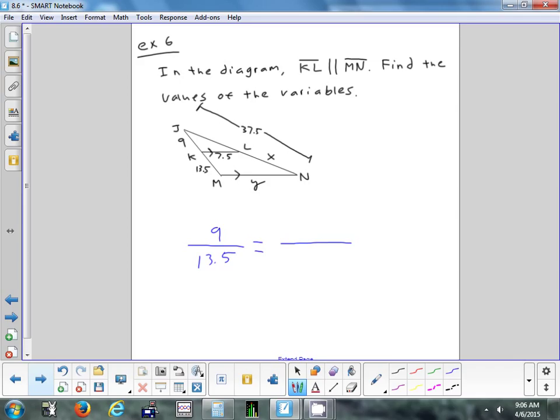All right, so I had 9 over 13.5 over 37.5. 37.5 is the whole thing. Over x. So I had this part over this part. I want this part over that part. Oh! Yep. Good, minus x. And then the bottom part is just x.